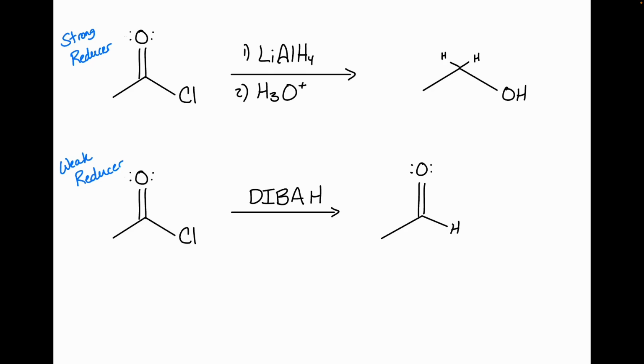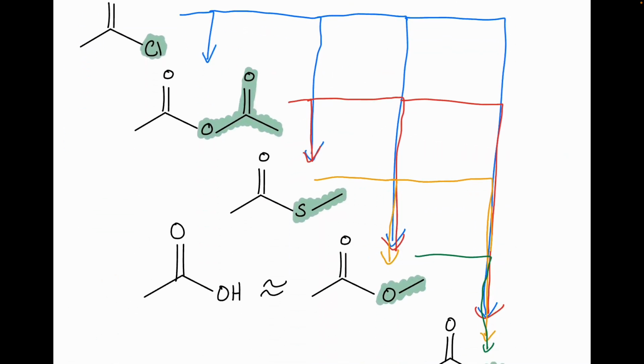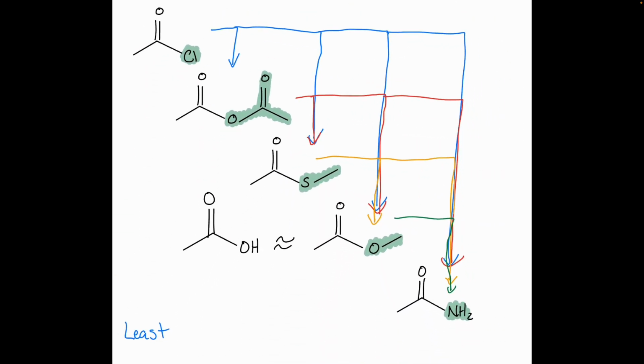Cool. So let's move on to our next carboxylic acid derivative, these acid anhydrides. These acid anhydrides are more reactive than our other carboxylic acid derivatives, with the exception of those acyl chlorides or acyl halides. Okay, and these are highly reactive.